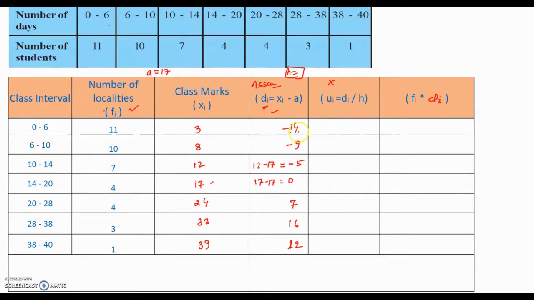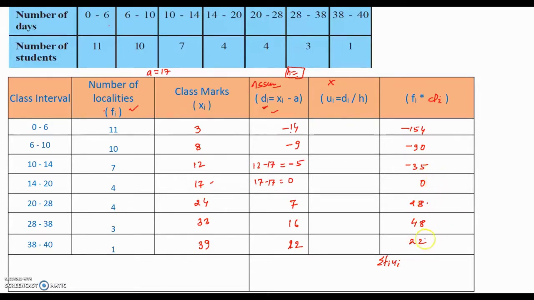11 into minus 14 is minus 154. Minus 90, minus 35, 0, 28, 48, 22. So let us calculate sigma fi di.